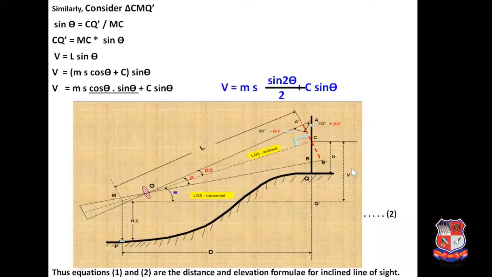Again simplifying, the final equation will become V is equal to MS sine 2 theta by 2 plus C sine theta. Thus equations 1 and 2 are the distance and elevation formulas for the inclined line of sight when the staff is vertical.